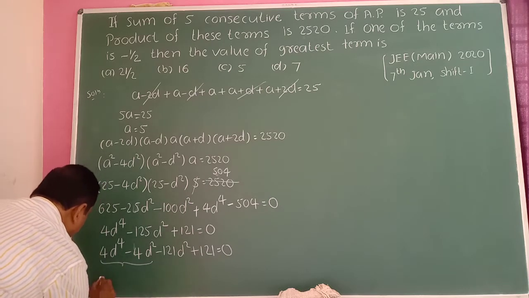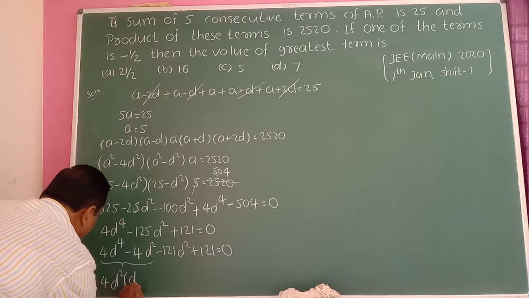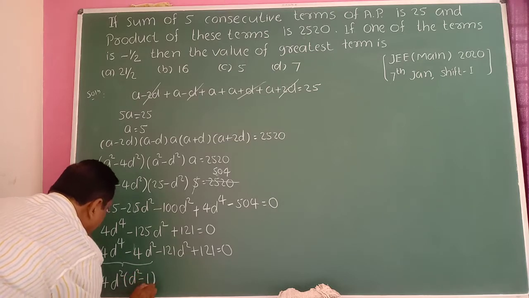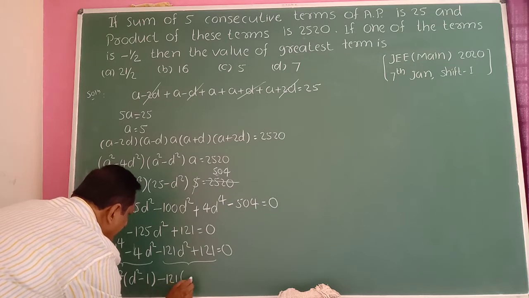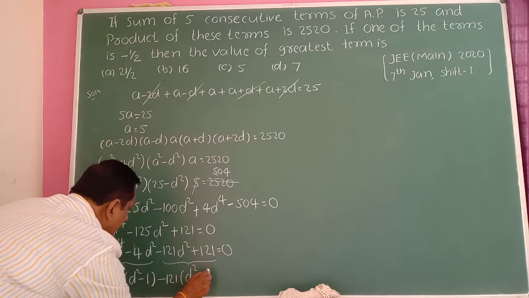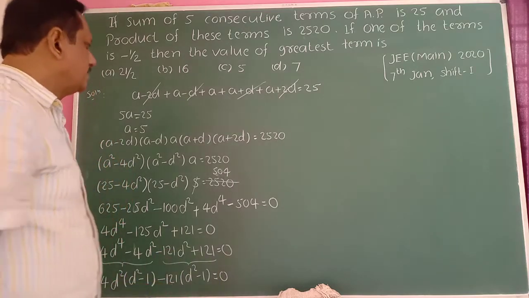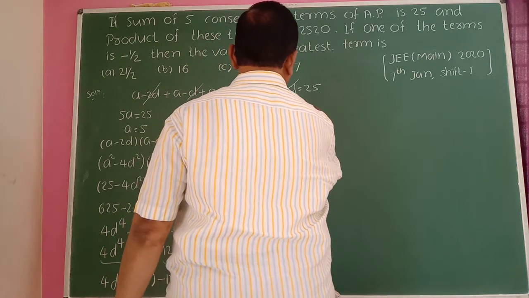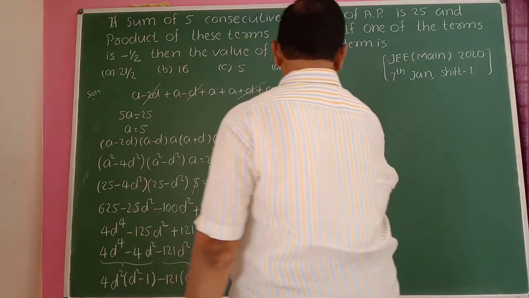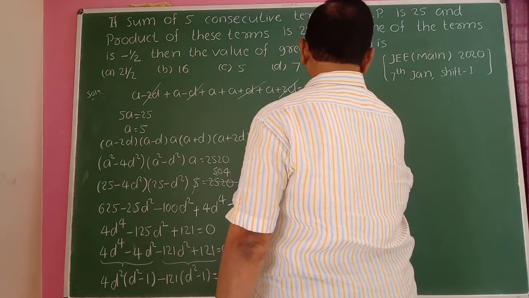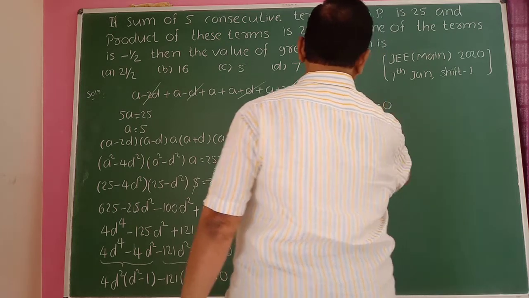From these two terms, 4d square is the common factor, so d square minus 1, and from the other two, minus 121 is the common factor. So d square minus 1 is common: (d square minus 1) into (4d square minus 121) is equal to 0.